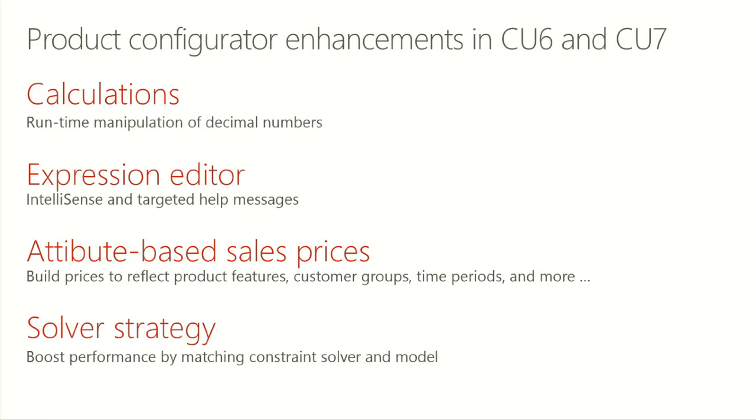If you have a lot of options where you only have maybe one or two values, it could be a Boolean domain, for instance. So those were the enhancements that we've done after we shipped R2. And now I think I'm done.